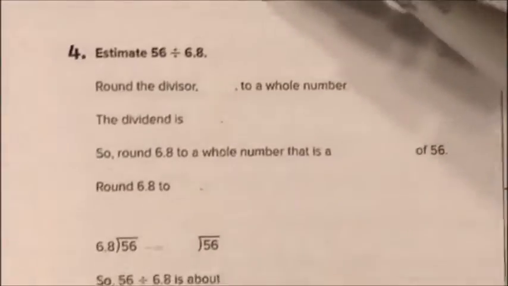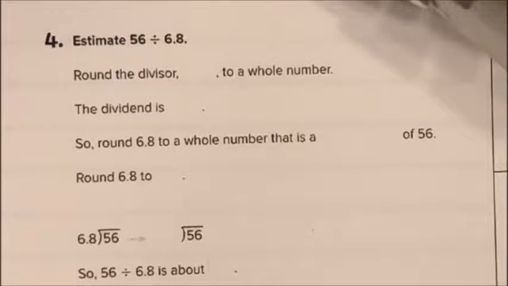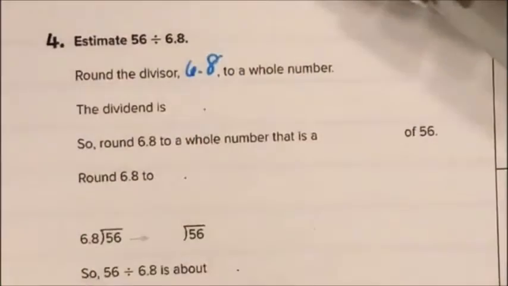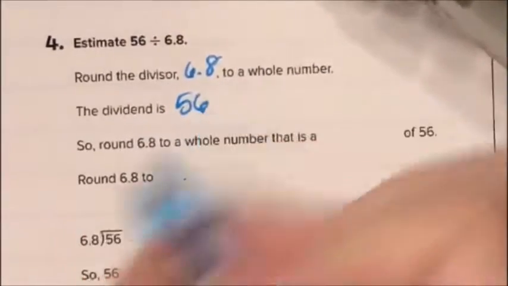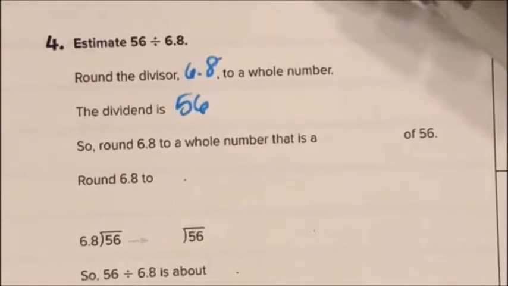So now let's look at example number 4. Estimate 56 divided by 6.8. So I'm going to round the divisor to a whole number. Okay, so the divisor is 6.8, and I'm going to round it to a whole number. The dividend is 56.